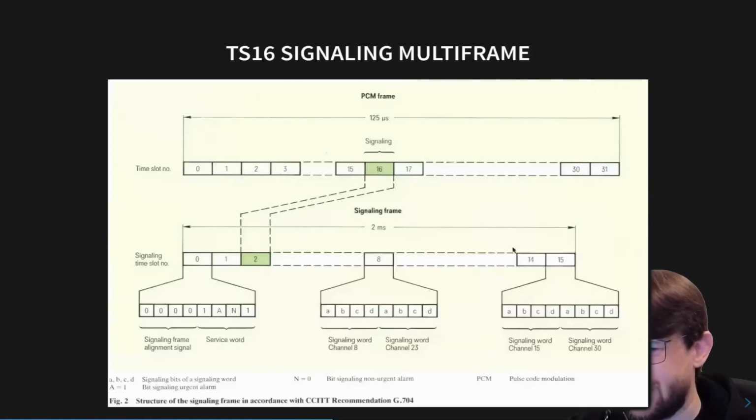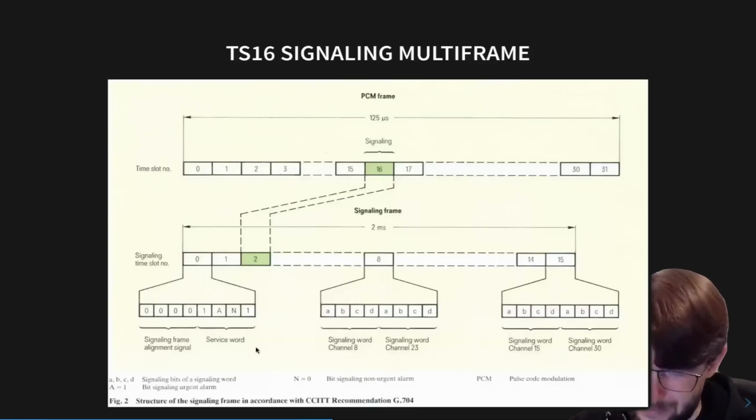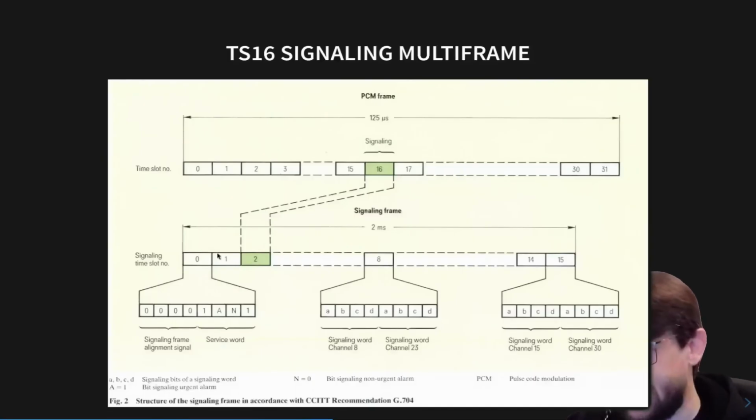And if we concatenate 16 of those signaling slots, we get the multiframe that's used in the PCM30 system. And in there, time slot 0 has this frame alignment signal and a service word where you can signal alarms, pretty much like the time slot 0 at the higher level. And then you have 15 remaining bytes.